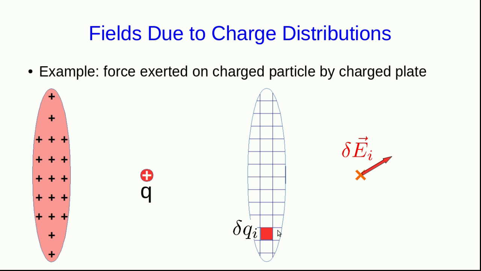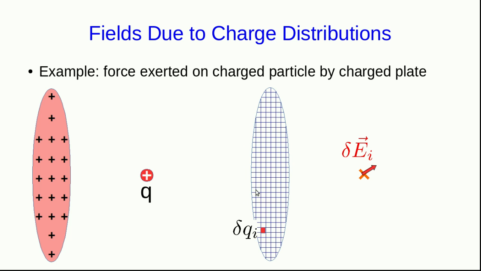At this level, that's only approximate, because these pieces of the plate are not really point particles, and so Coulomb's law doesn't really tell us the E fields here. However, we can think of breaking the plate into smaller and smaller pieces, and in the limit, as those pieces go to 0 size, we end up getting a precise prediction for the electrical field at this location.